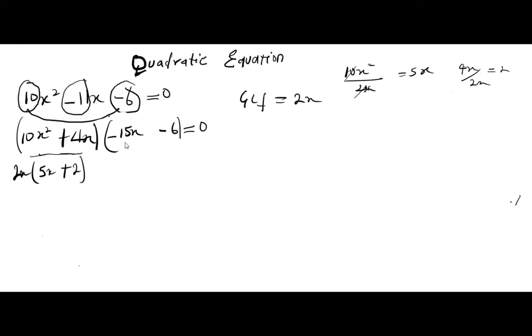Then consider your GCF here. It is -3. Then you have -15x divided by -3. Negative cancels negative. Then 15x divided by 3 equals 5x. So you have your 5x. Then you have -6 divided by -3. 6 divided by 3 is 2, because negative cancels negative and you have your 2.